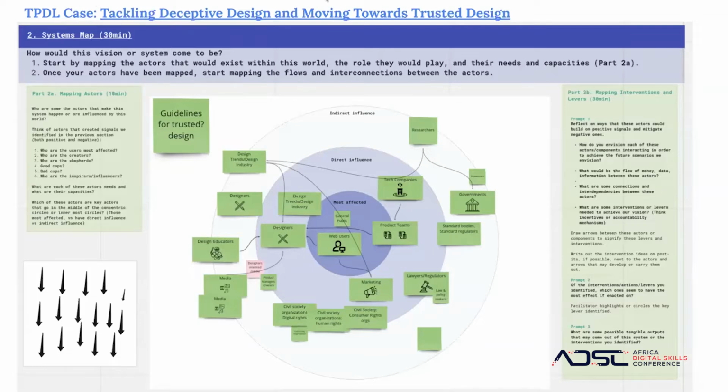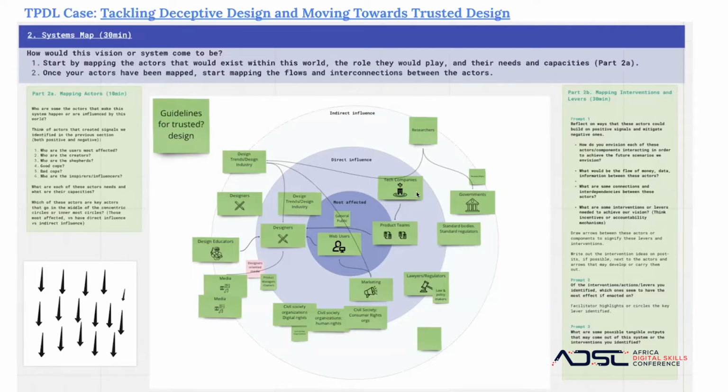So if you see this, this is basically one approach, which is a systems map. The web users are right in the middle, those are the most affected people. But web users don't just work in isolation, they work within a huge system. In the systems map, there are designers, design educators, media houses, product teams, and tech companies.